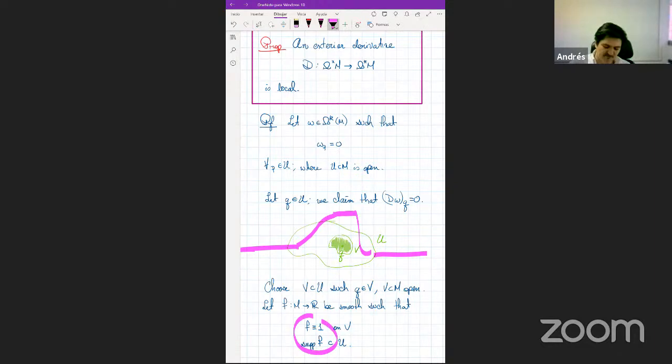Right? So this is the bump function. Consider f a bump function supported on U, which equals 1 on V.